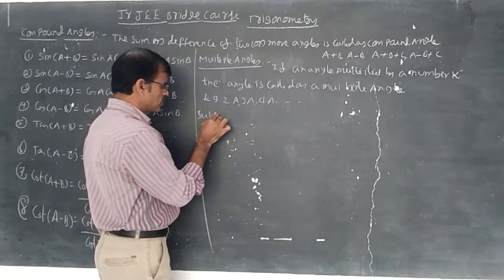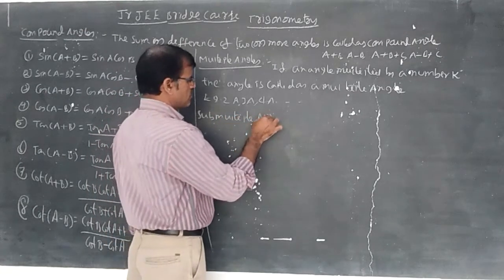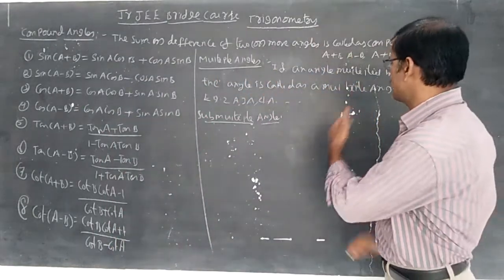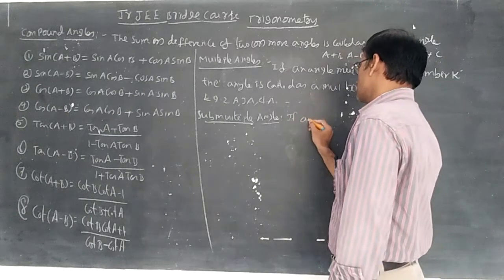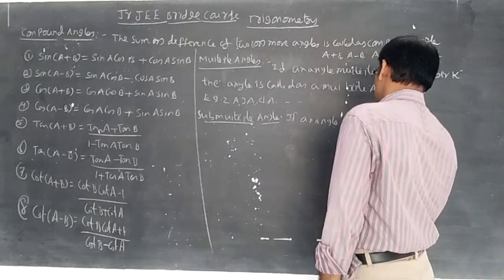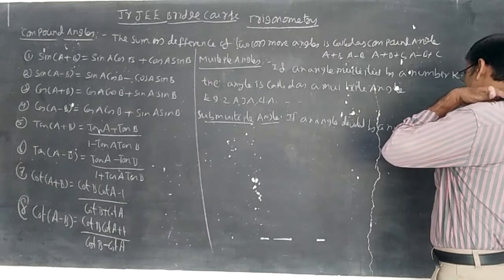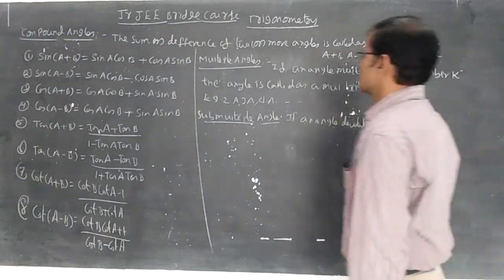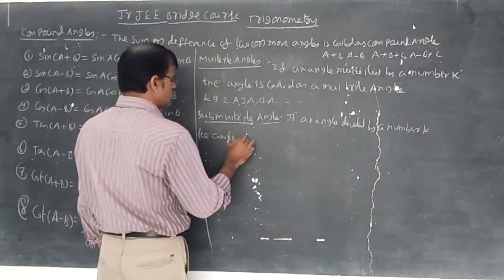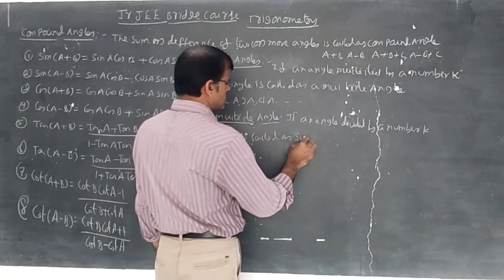Next, submultiple angle. If an angle is divided by a number k, the angle is called a submultiple angle.